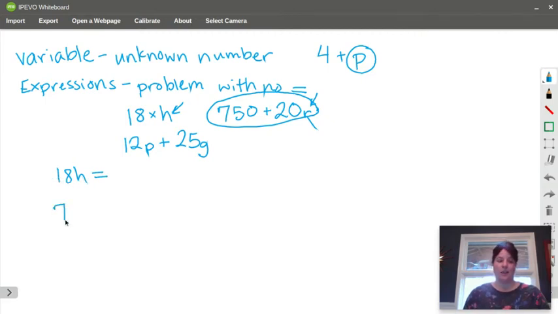And then we'll do 750 plus 20 times R for every ring you sell. And then 12P plus 25G. Okay. And I'm going to get rid of this equal sign.